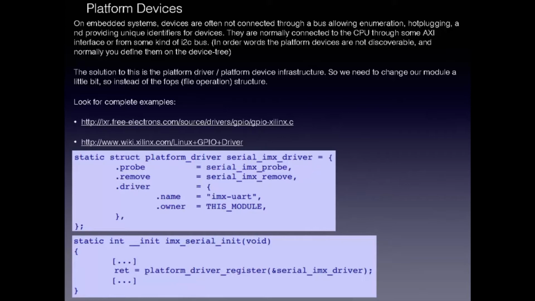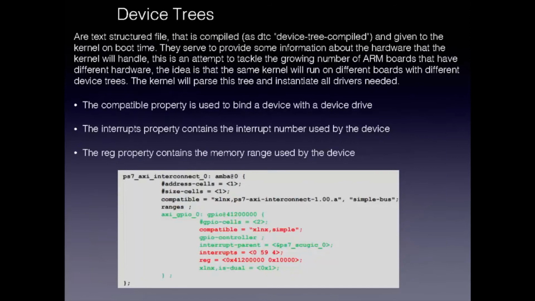So for instance, when the probe occurs, imagine that you load a module, and the module is somehow compatible with some hardware that has been given to the kernel through the device tree, at least some device information.